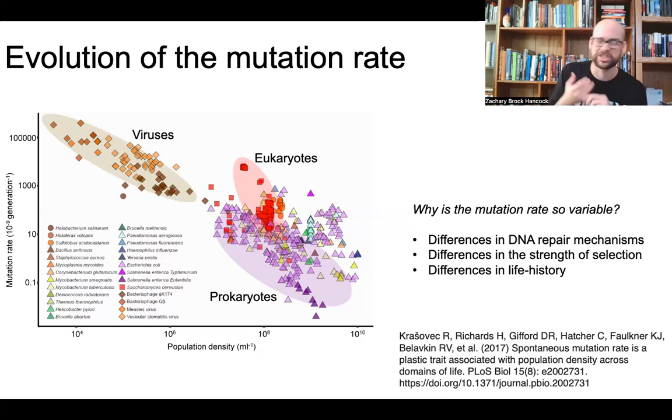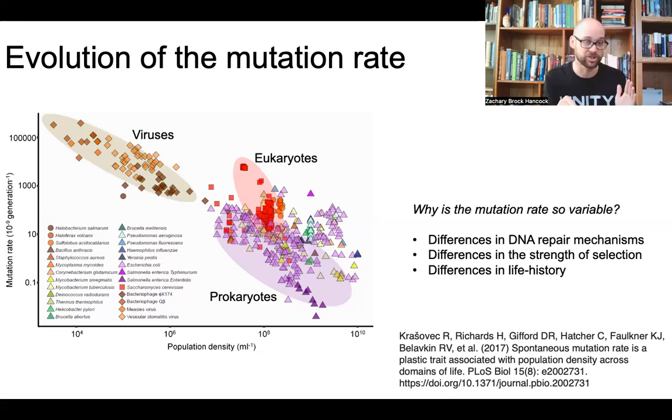Third is that there exist differences in life history strategies. So some organisms may have virtually one or two cell divisions before they begin to reproduce, whereas others may have many, many cell divisions before they're able to reproduce. And what we mean here is that the amount of time it takes from birth until you reach sexual maturity and can begin to reproduce, that expanse of time dictates how many cell divisions have happened.